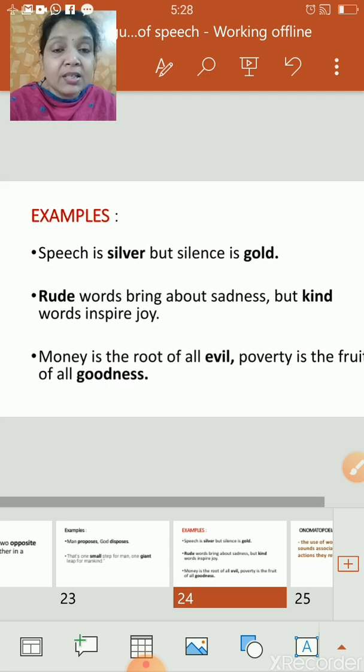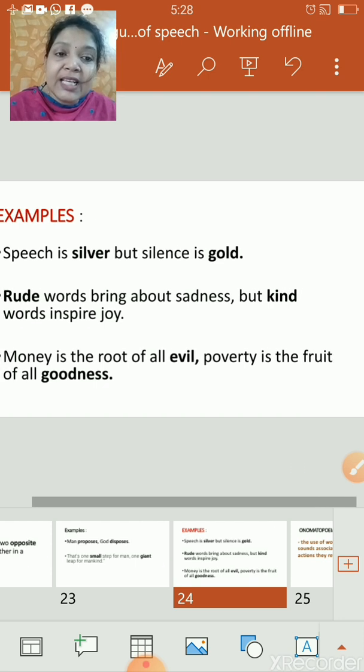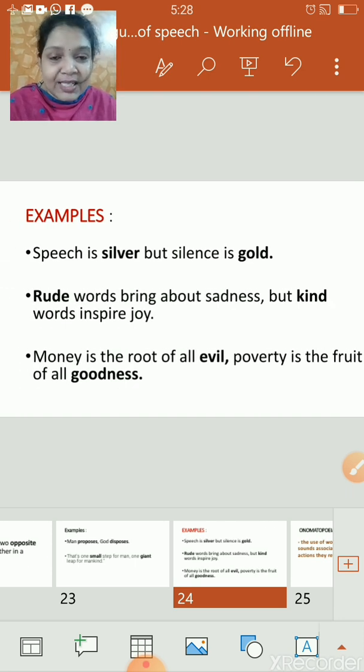Now let us go through one more sentence. Money is the root of all evil. Poverty is the fruit of all goodness. Which are the two opposite words? I have already highlighted those words. It's evil and goodness. Money is the root of all evil, meaning money is definitely the main cause of making a person bad.